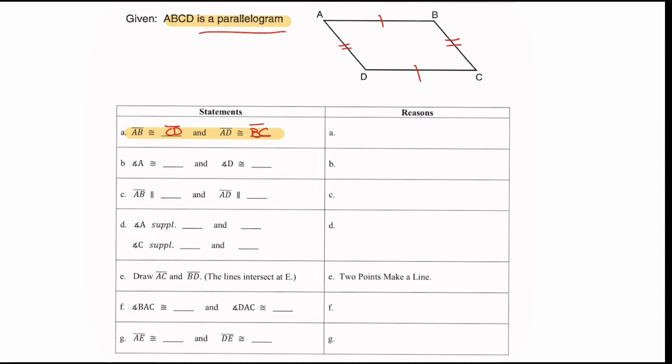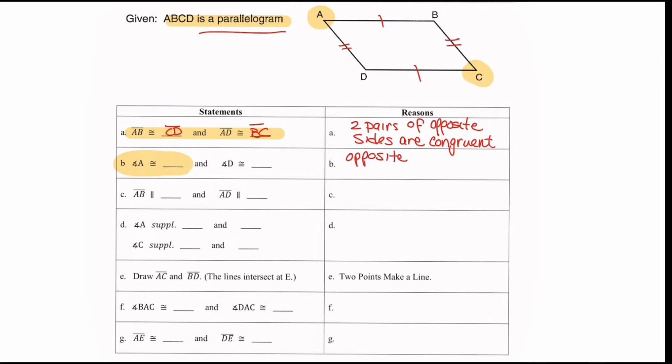We can say two pairs of opposite sides are, oops, I meant to say congruent. Yeah, congruent.